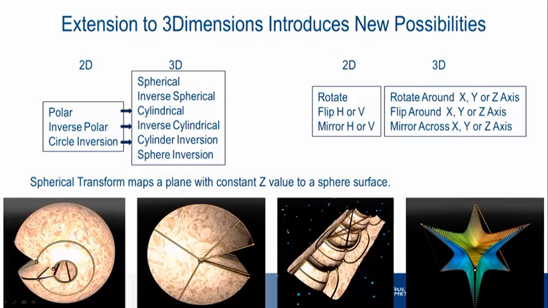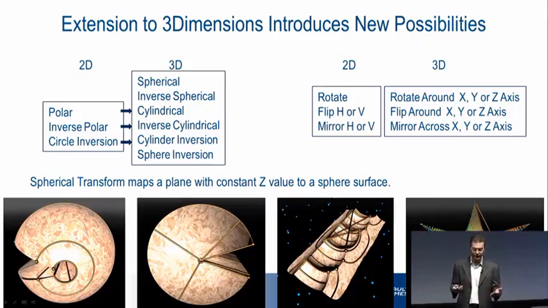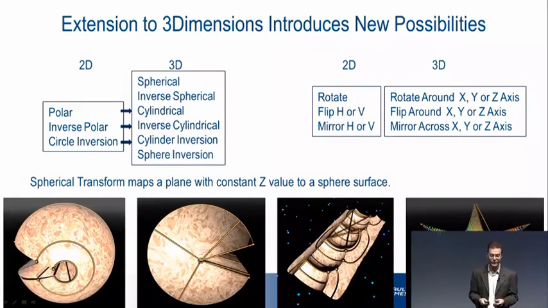So for example, the spherical transform doesn't really have an analog in 2 dimensions. And likewise, the inverse spherical, those are kind of extensions that are wholly different from what you can do in 2 dimensions. The polar coordinate transform really is quite analogous, can be easily mapped to the cylindrical transform, right? You just keep one of the dimensions constant and do a polar transform on everything. And likewise, the inverse polar and the circle inversion can be inverse cylindrical and cylinder inversion.